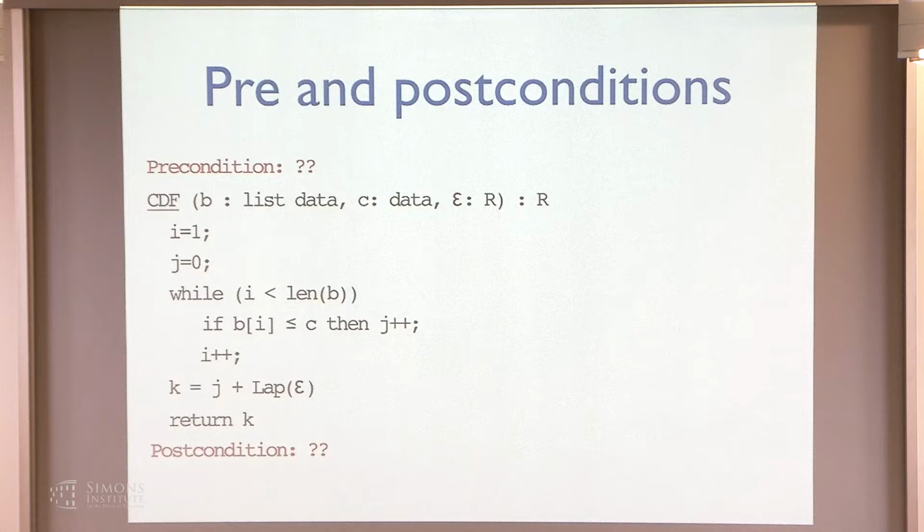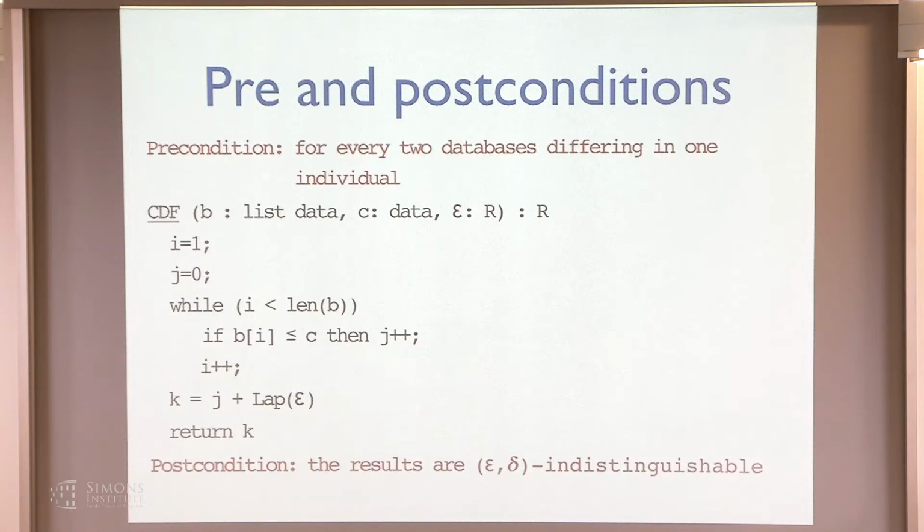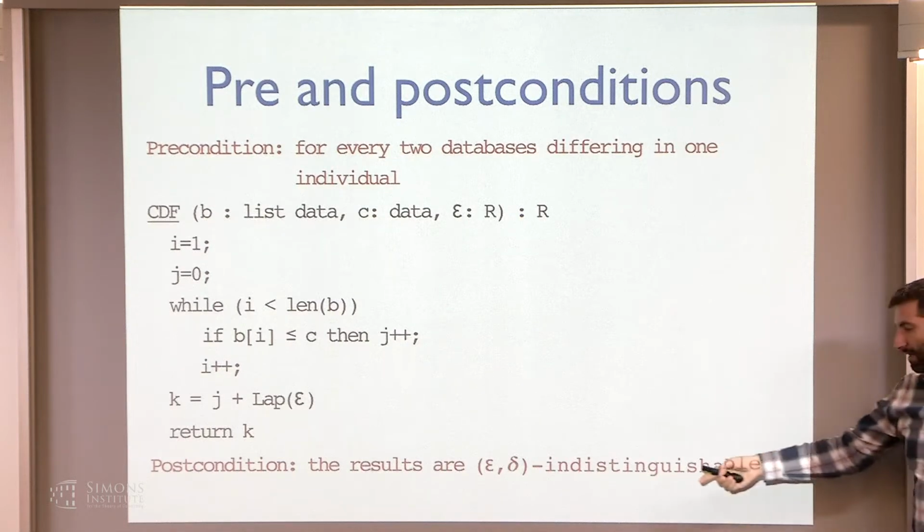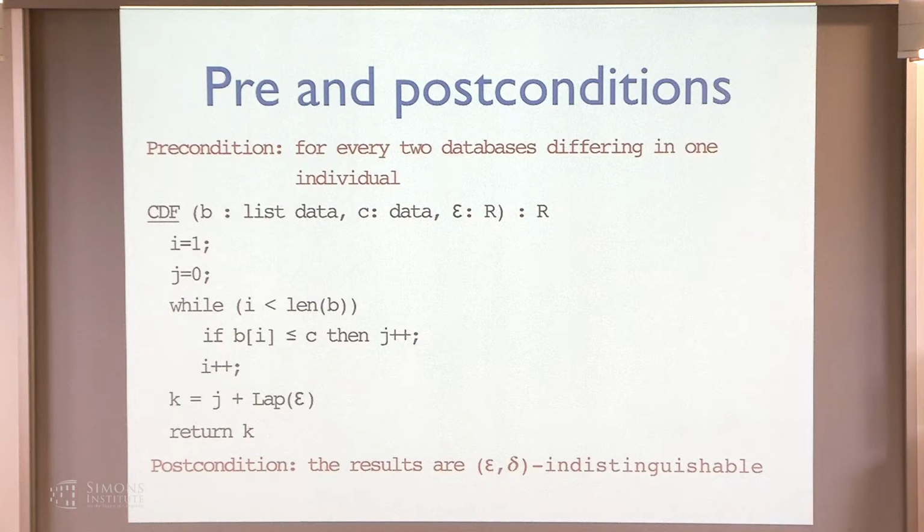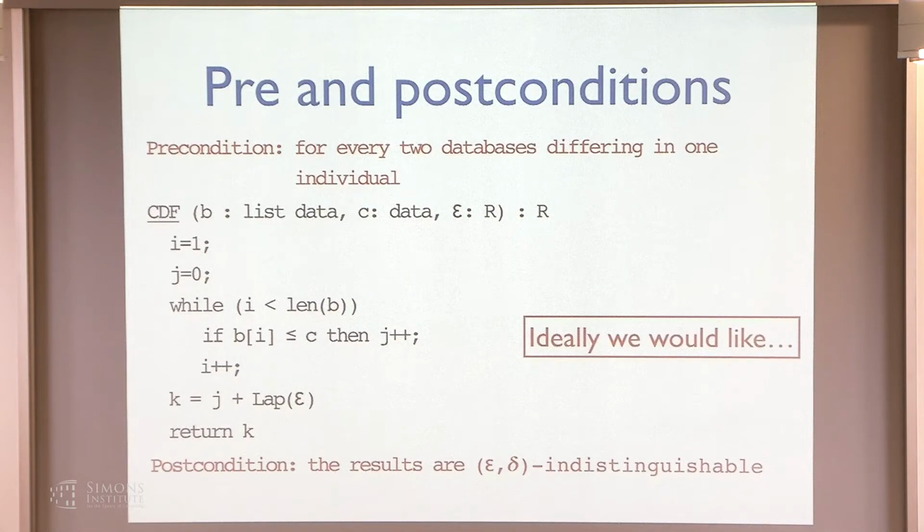Ideally, by the definition, we would like something like this: for every two databases differing in one individual, the precondition, and then the results are epsilon-delta indistinguishable. Okay? So this is what ideally we would like.